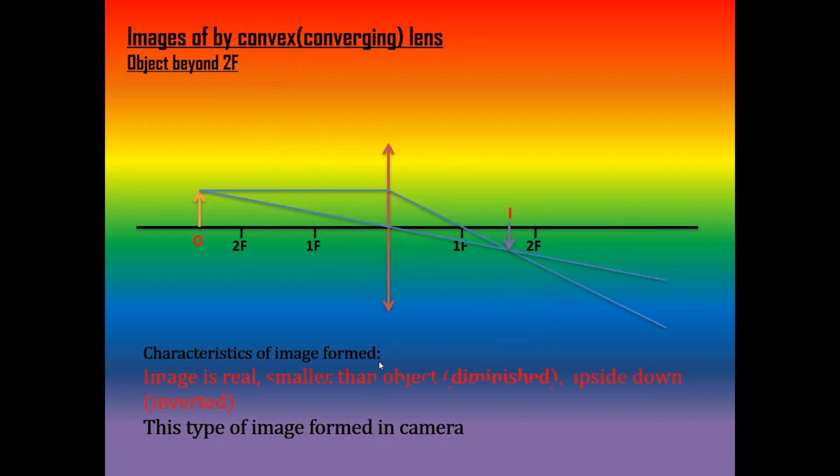Is this concept clear, how the image is formed by a converging lens? Yes, I gave 3 examples, but you can have different examples depending on the position of the object.